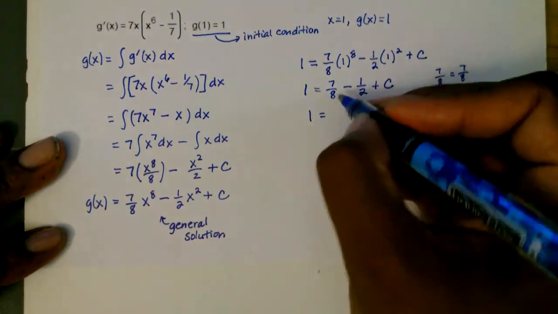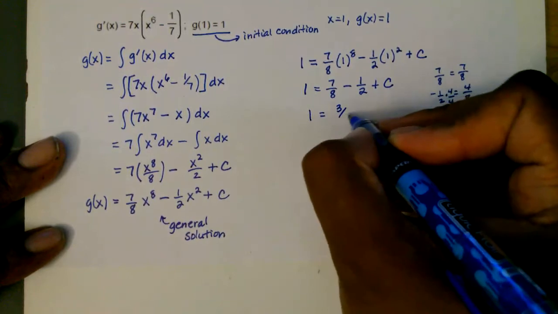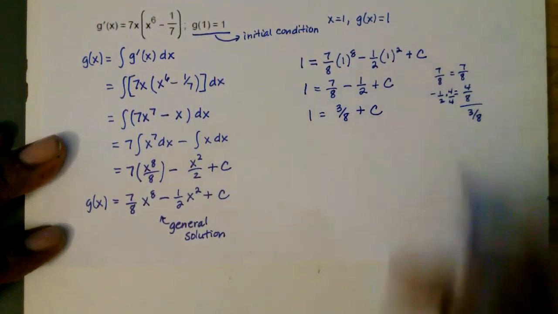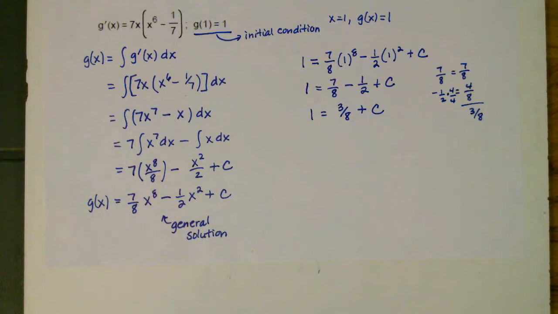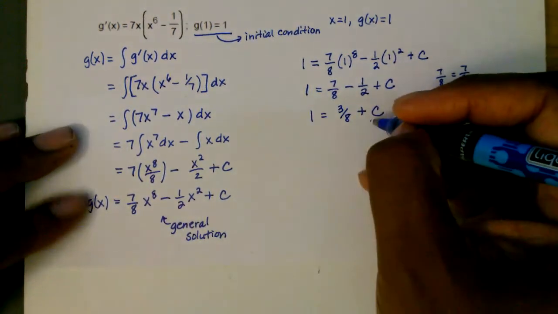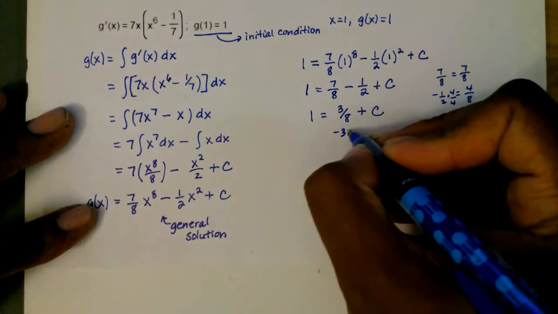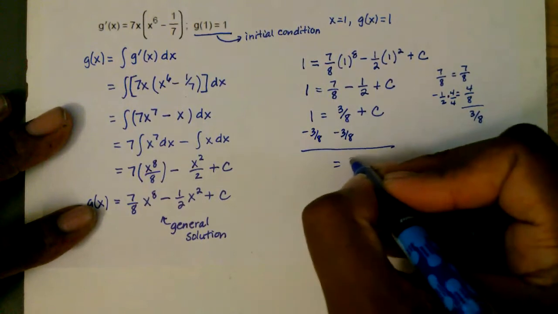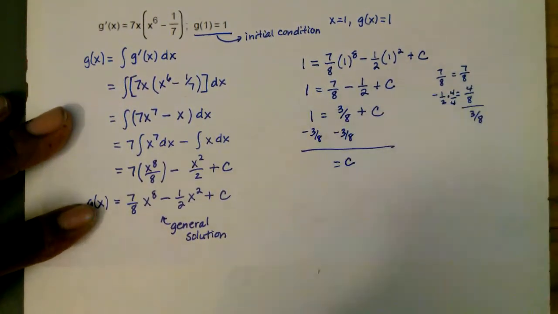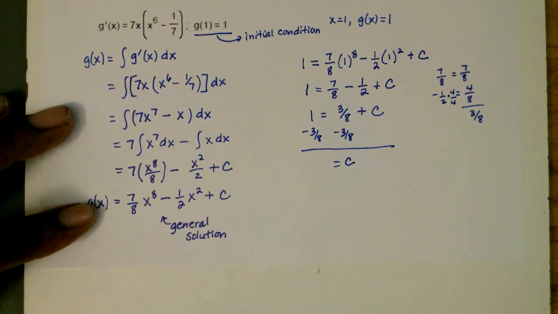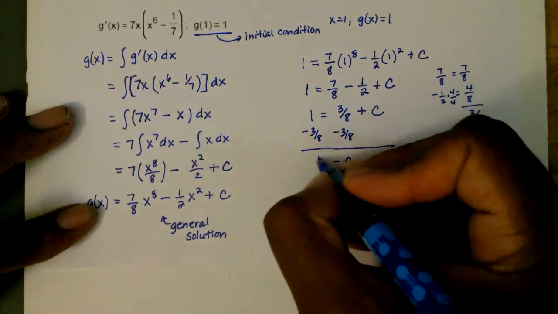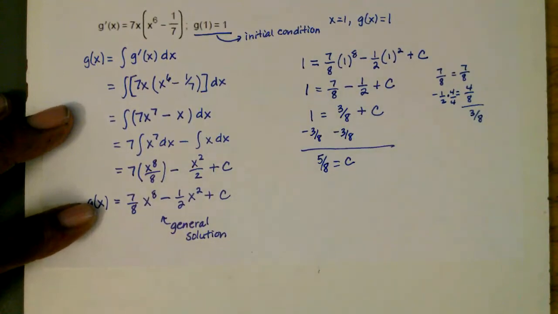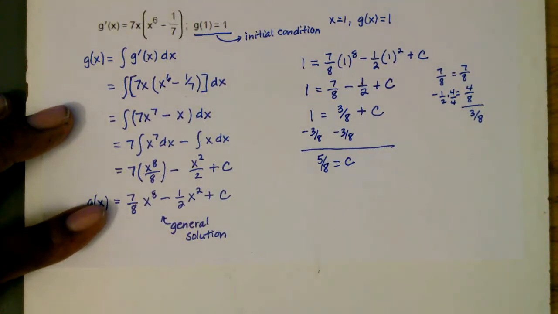Thought I did something wrong. 7/8 minus 1/2 came out to be 3/8 plus c. And again, you can use your graphing calculator if you want to do 7/8 minus 1/2, and that will give you 3/8. So to solve for c, I need to subtract 3/8 on both sides. That means c is equal to 1 minus 3/8. 1 whole is 8/8. 8/8 minus 3/8 will give you 5/8, which is what c is equal to.